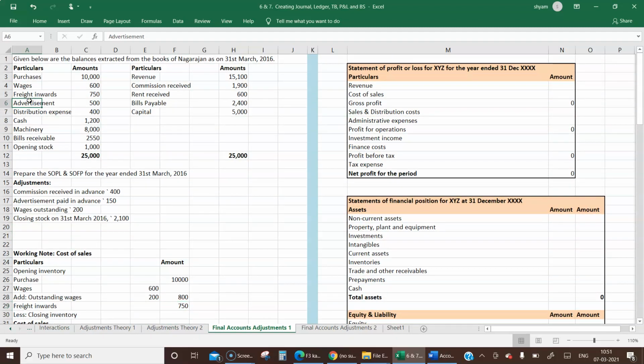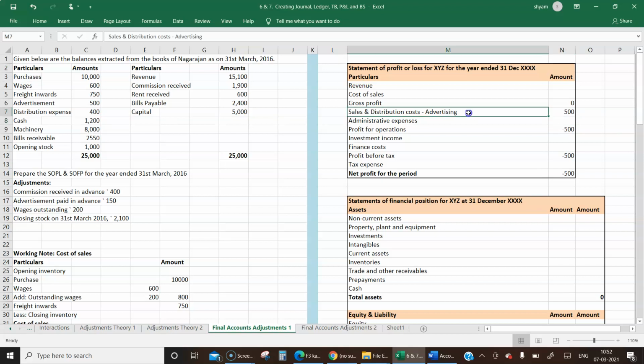Next is advertising. So advertising is a sales expense. Okay, so we can directly show the advertising here as in this one. Advertising is 500. Okay, next one is distribution expense.